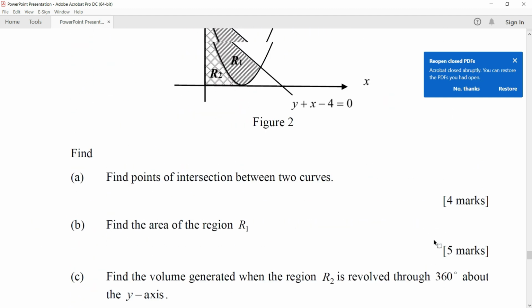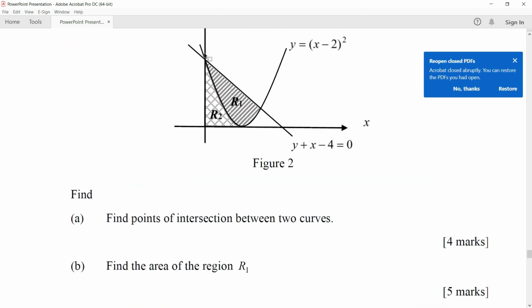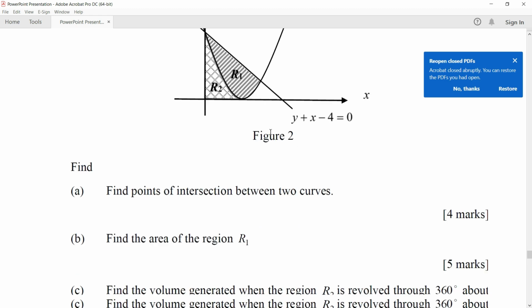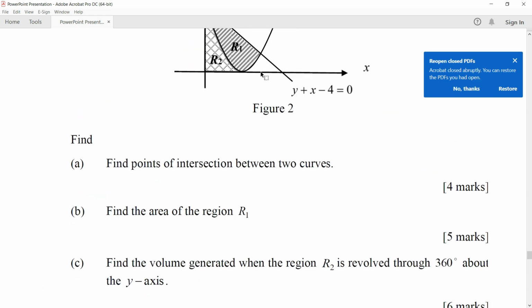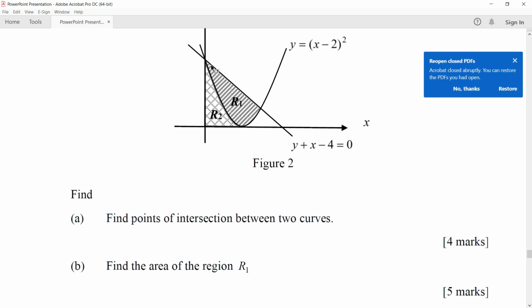Question B, find the area of region R1. This is your region R1. Your limits will be from 0 until this value of x, which is 3. So you have to integrate the straight line function minus the curve function, which is the quadratic function.